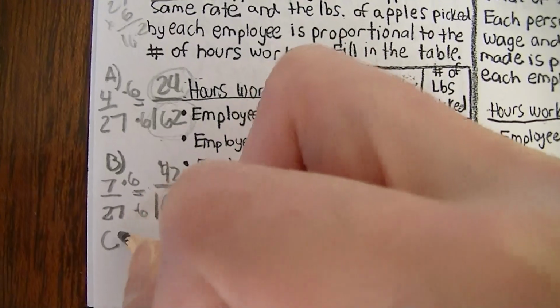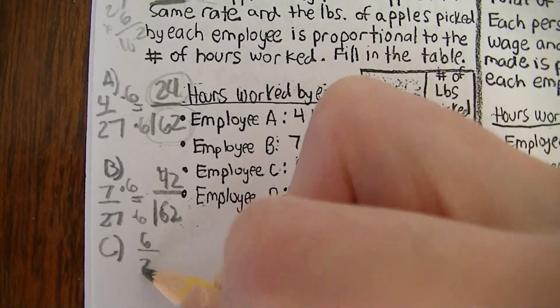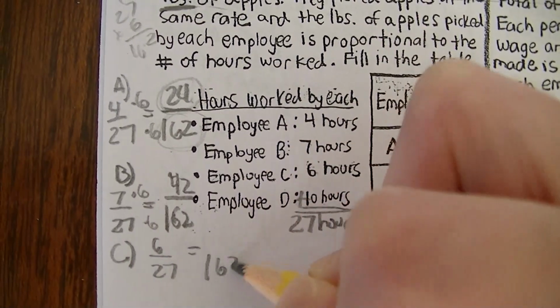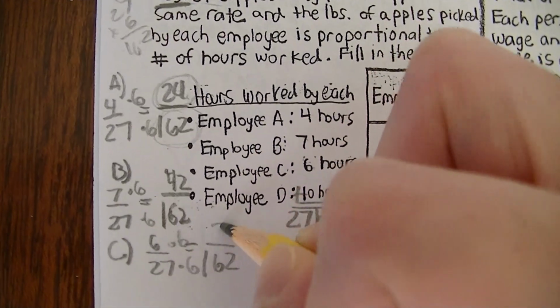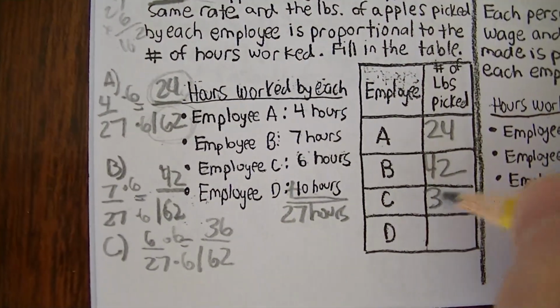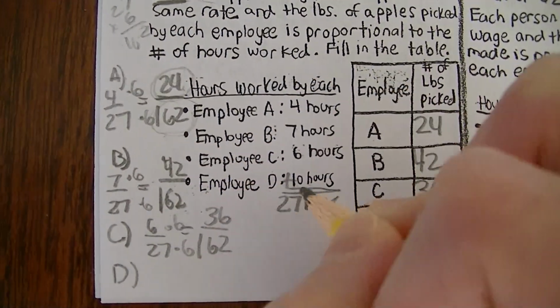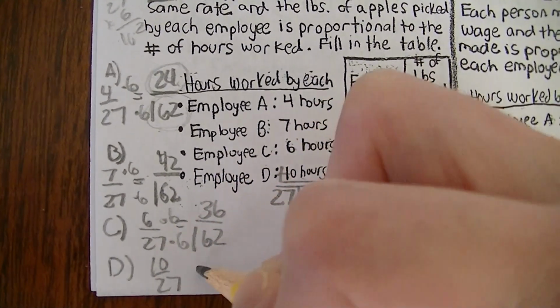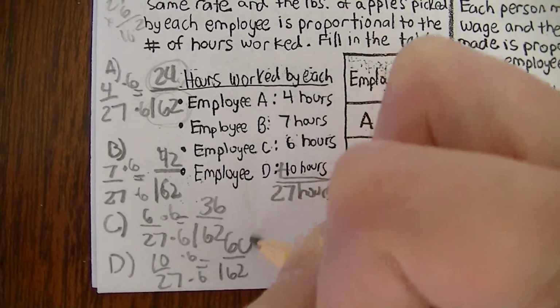And then employee C, 6 hours worked out of that 27, 162 pounds picked total, so we know that it was times 6 times 6, so this person picked 36 pounds. And then employee D, 10 hours out of that 27. Okay, so times 6, oh, 60.